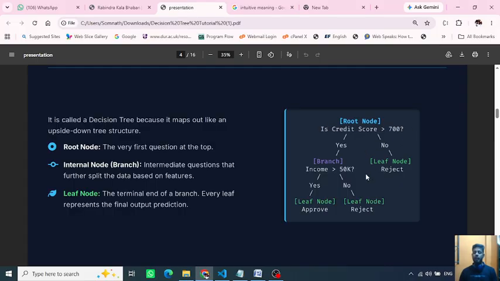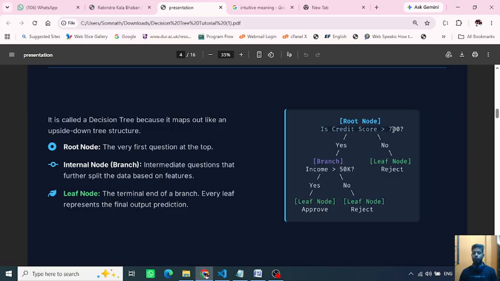Then an internal node, or branch, is an intermediate question that further splits the dataset based on features. Each branch is a decision, and a leaf node is the output prediction of the above decision.